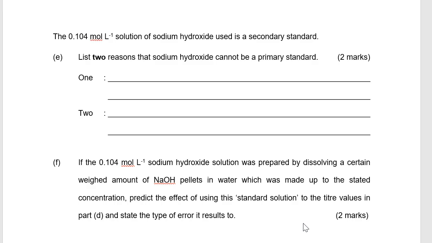Okay, last two questions. This is generally the basic questions. List two reasons that sodium hydroxide cannot be a primary standard. So generally you can say the fact that it can't be obtained in a pure form, it is hygroscopic. Don't forget, the spelling is hygroscopic, or it can also absorb moisture from air.